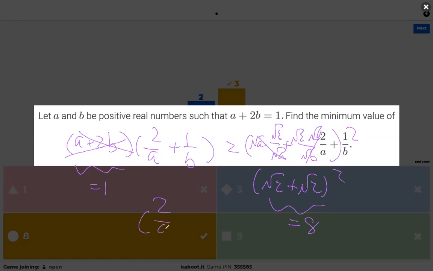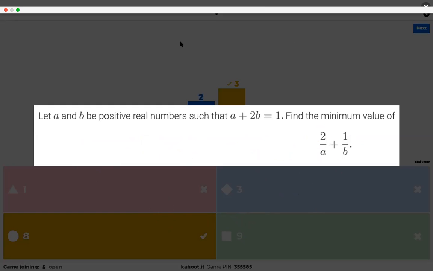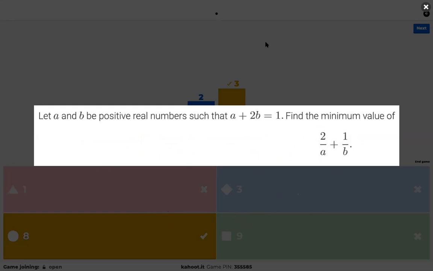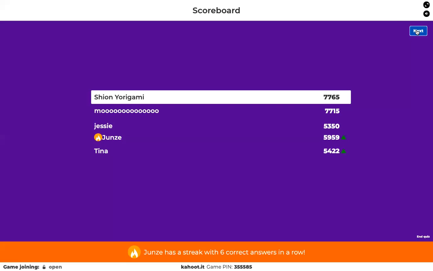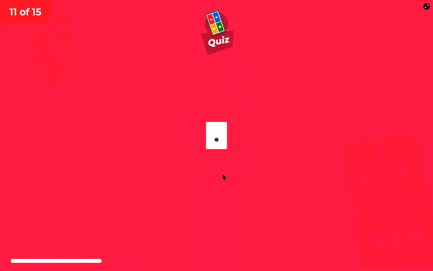And we're left with this thing being greater than or equal to 8. So that's the minimum value. Any questions? Okay. Five more questions left.